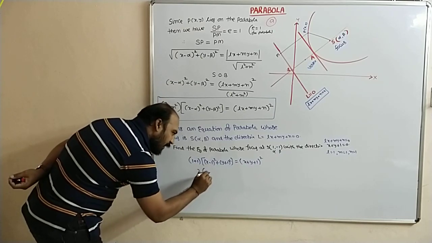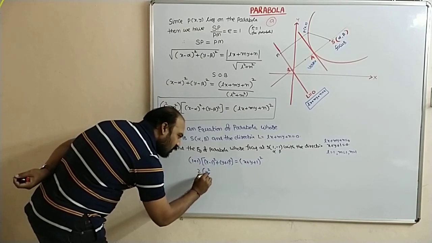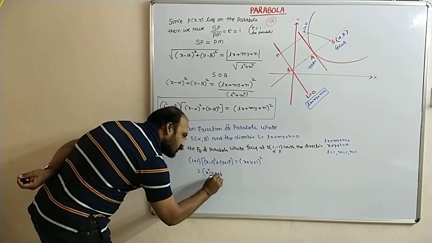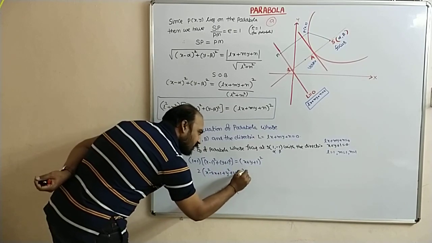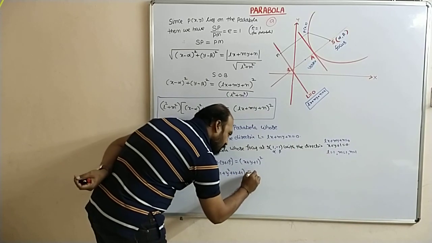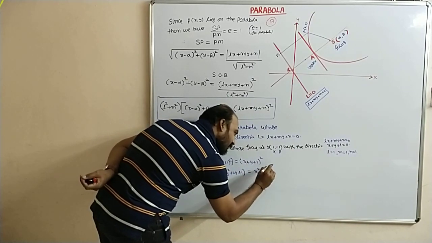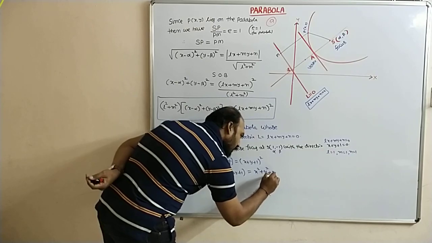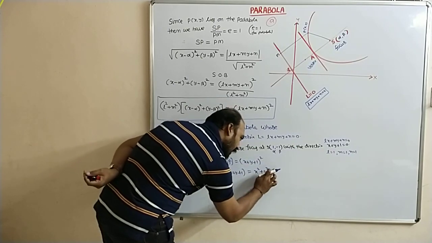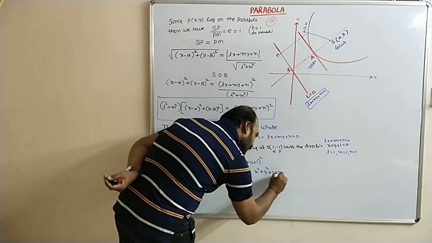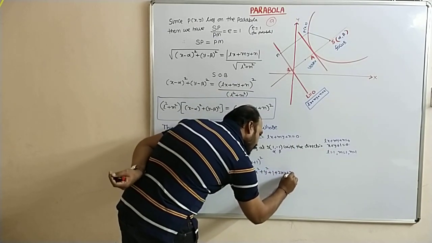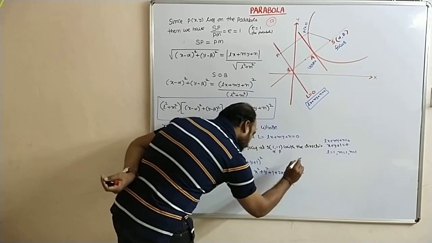2 into, expand this one, x square minus 2x plus 1 plus y square plus 2y plus 1 equal to a plus b plus c whole square expansion: x square plus y square plus 1, a square plus b square plus c square plus 2ab plus 2xy plus 2y plus 2x.